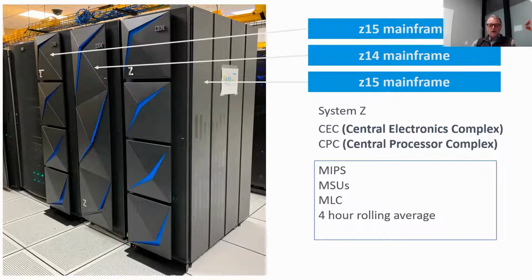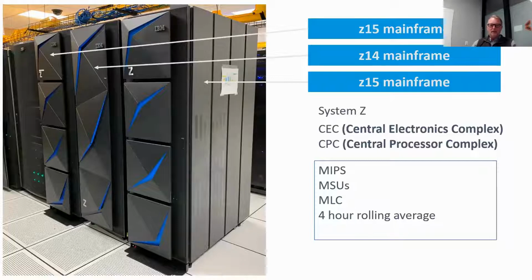To be fair, there are many vendors, including IBM, that use a 4-hour rolling average to calculate the capacity of the machine that you actually use. So you're not paying for the entire amount of the machine, you're paying for the capacity that you actually use.